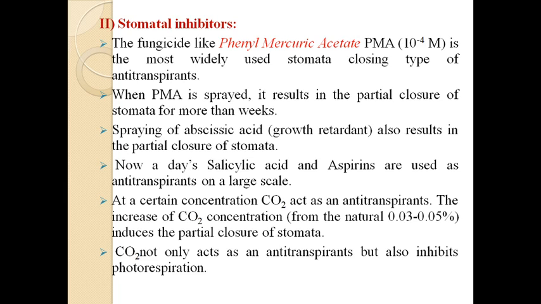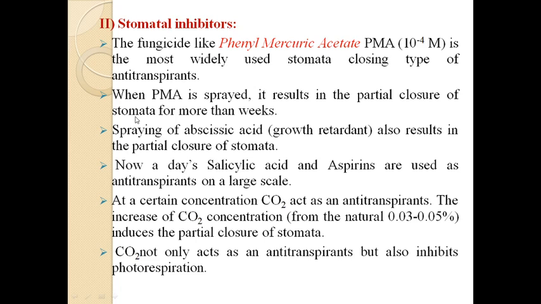The second type of antitranspirants are the stomatal inhibitors. A fungicide like phenyl mercuric acetate, at 10 raised to minus 4 molar, is the most widely used stomata closing type of antitranspirant.